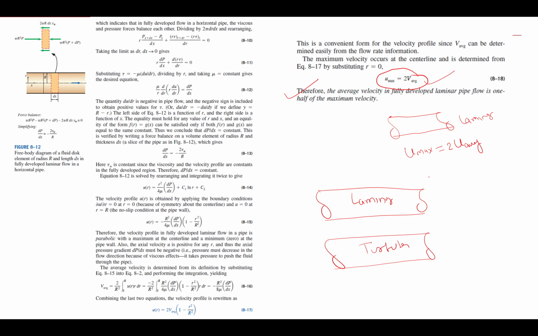And the velocity diagram you know already. In the velocity diagram it is very parabolic in the laminar case, but here it is not the same, it is a little bit straight, then follows the parabolic.